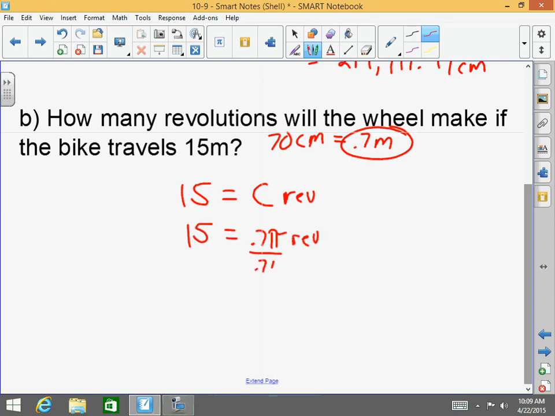Divided by 0.7 pi, 15 divided by 0.7 pi equals 67.32 revolutions. That's how many times it spun around.